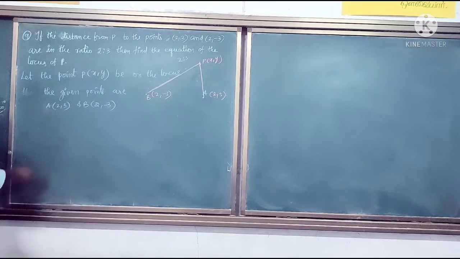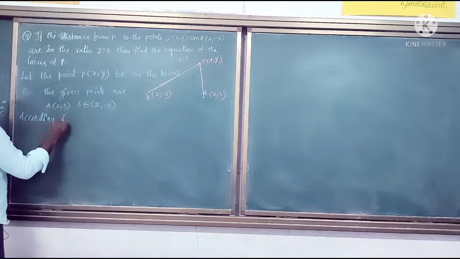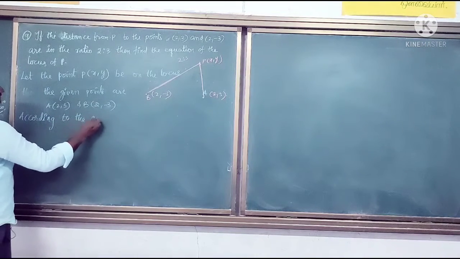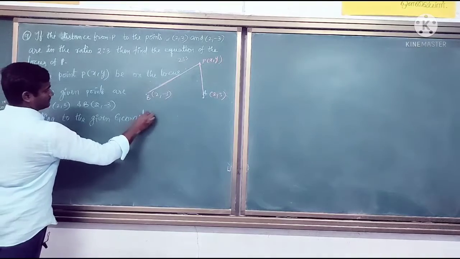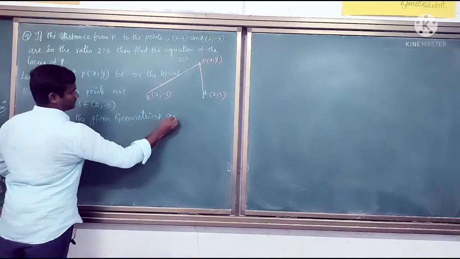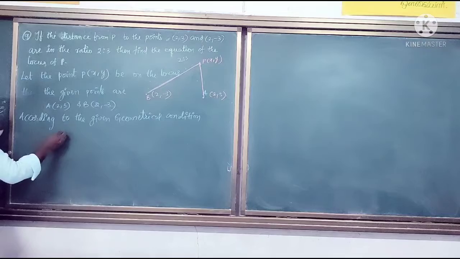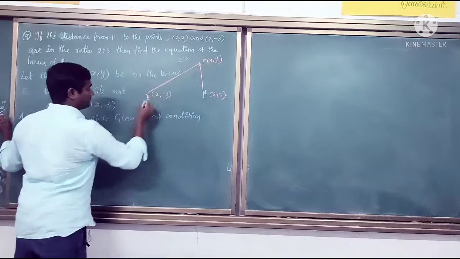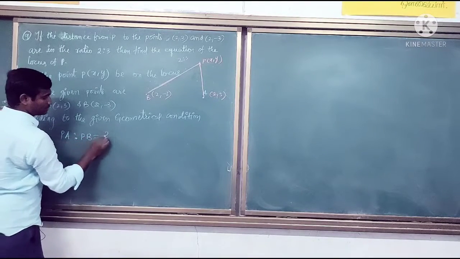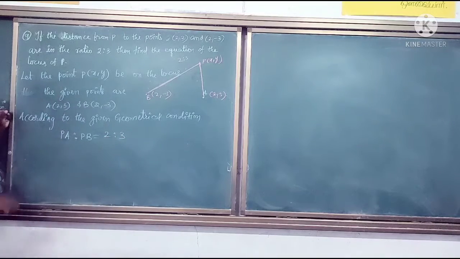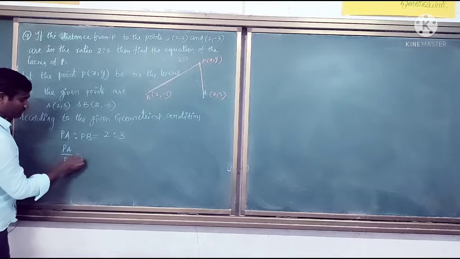So what is the given geometrical condition? According to the given geometrical condition, the ratio of PA to PB equals 2:3. So this we can write as PA/PB = 2/3.